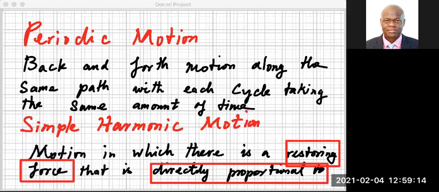That means if these two conditions are not met, then an object may oscillate, but you wouldn't characterize that as simple harmonic motion. It's only simple harmonic if there's a restoring force, and the restoring force is proportional to the displacement from the equilibrium position.